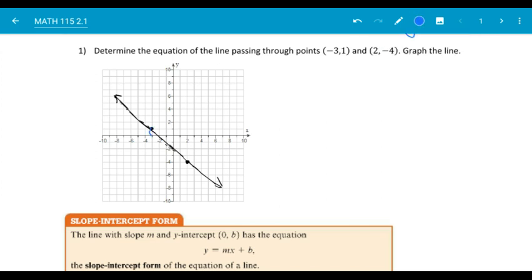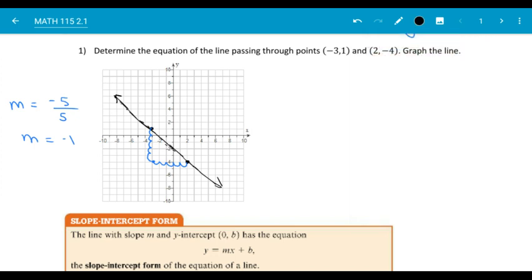If I start here, I need to go 1, 2, 3, 4, 5 down, so that's -5. And then I need to go 1, 2, 3, 4, 5 to the right, so +5 over. So my slope is -1.